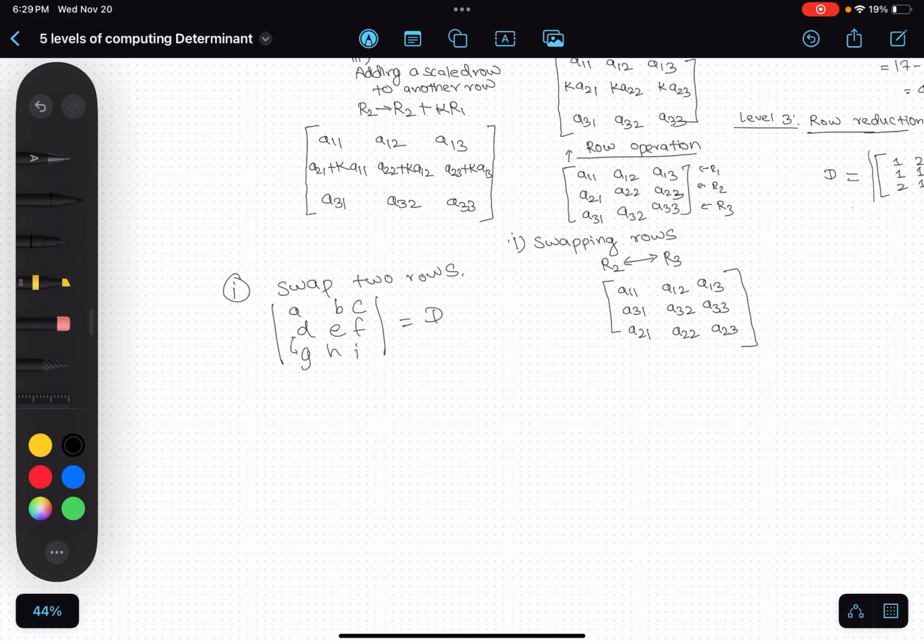I'm not talking about directly swapping the first and third row, but swapping immediate two rows.